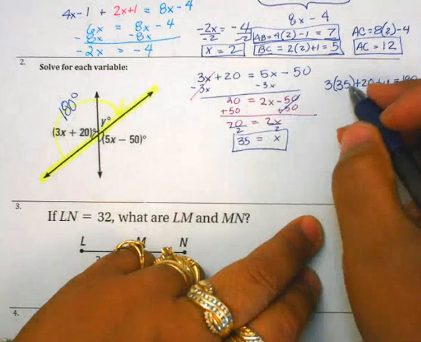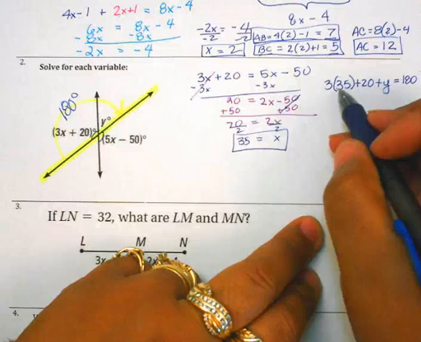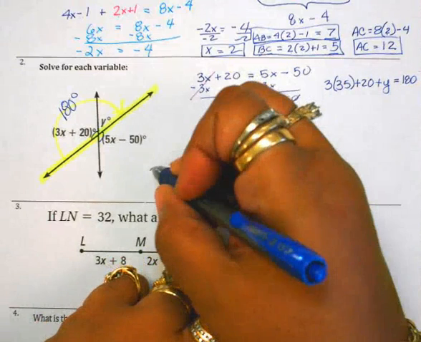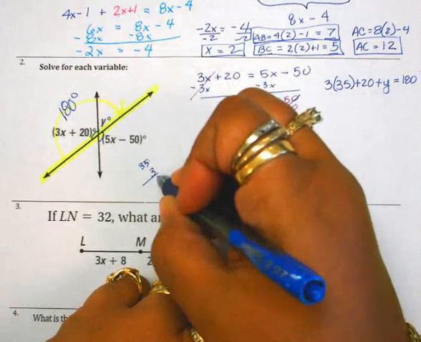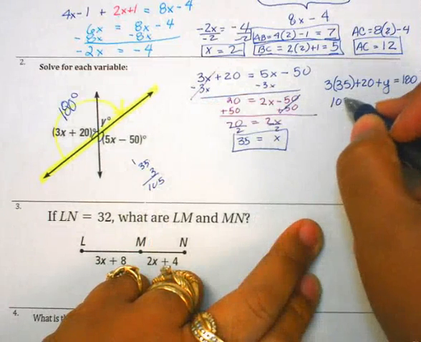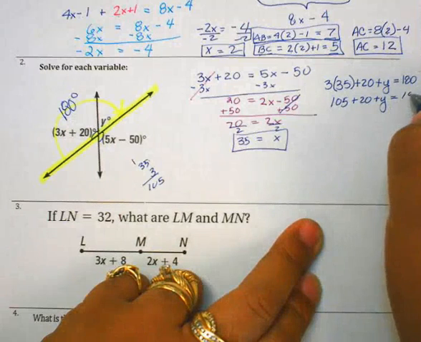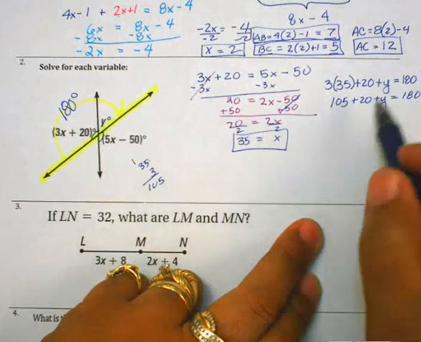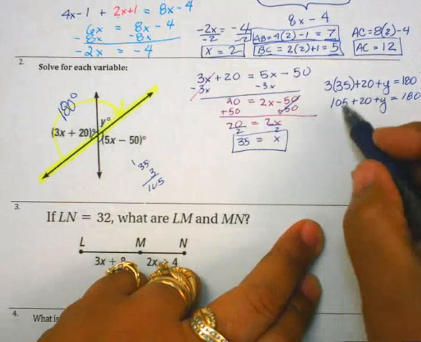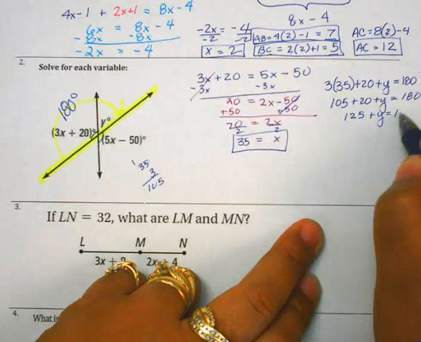Three times 35 is 105, plus 20 plus y has to equal 180. That's 125 plus y equals 180.